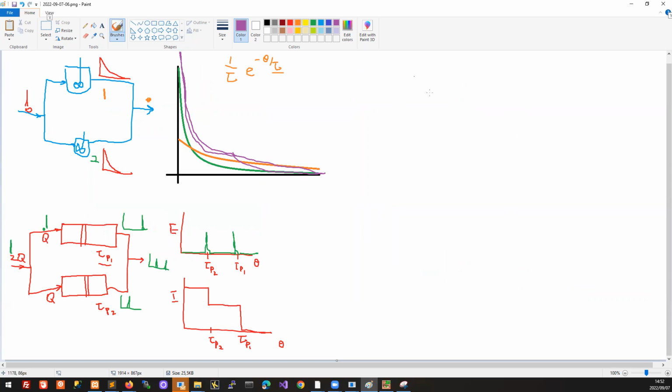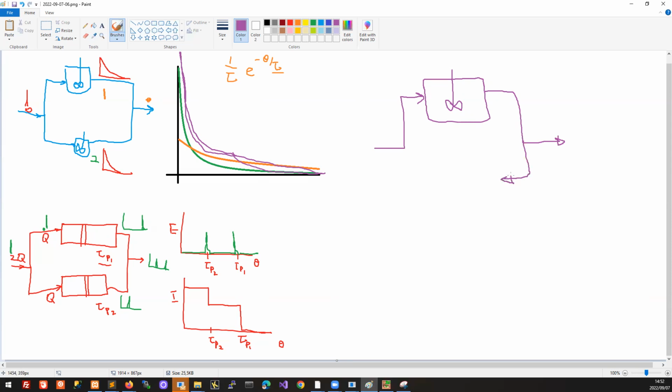Then try and imagine this case now. Imagine that you have a CSTR, and let's imagine that we have a flow going through here and some of that exits, but some goes around like this.